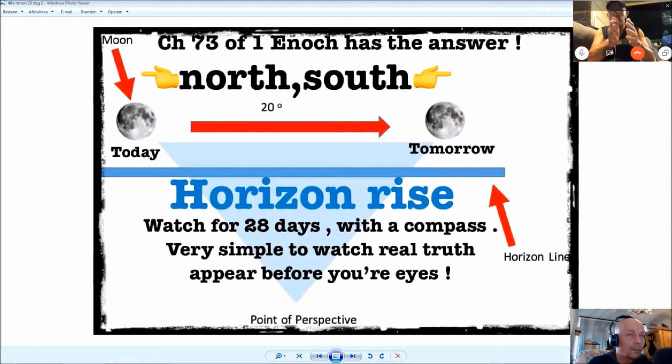At equinox, it's a very small space, so you'll usually only see about 10-degree jumps. But right now, if people get their compass and watch that horizon, you're going to see 20 and 30-degree jumps from one day to the very next. That's huge. It's massive. And this is all in chapter 73 of 1 Enoch, the Ethiopian version.